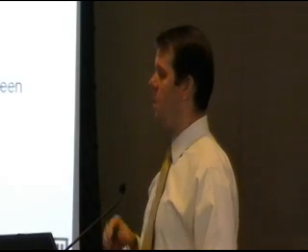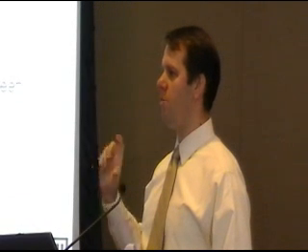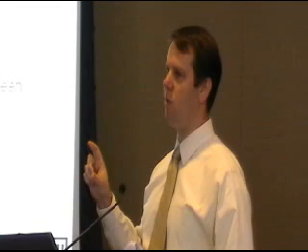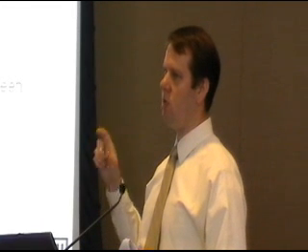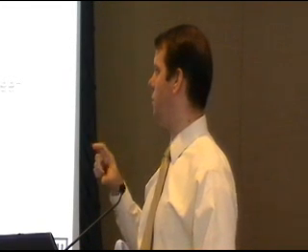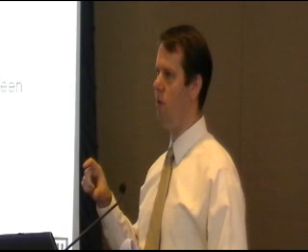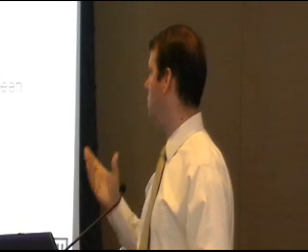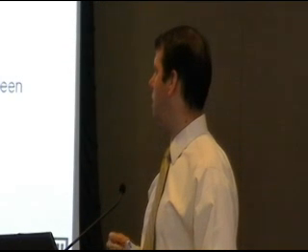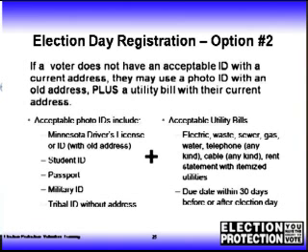A photo tribal ID that has an address on it also works. Not all tribes on their photo IDs will have the address on it. In order to use that to vote, a tribal member would have to have one that has their address on it. Or you can use a current valid student ID if that institution has sent in a list of students and that's been certified. All Minnesota institutions send that in.